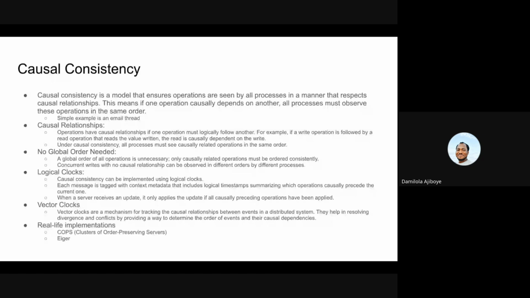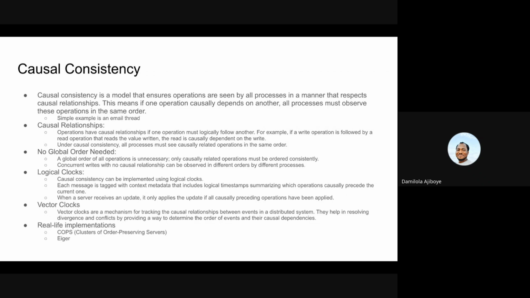Most of the things I read about it, it mostly uses some form of sequence numbering, or order. Just imagine every message or every operation in the network has some form of sequence number. That allows nodes to know the relationship between messages. So if a message with sequence number 2 comes before 1, it knows it just needs to buffer that message and wait until it gets message 1.